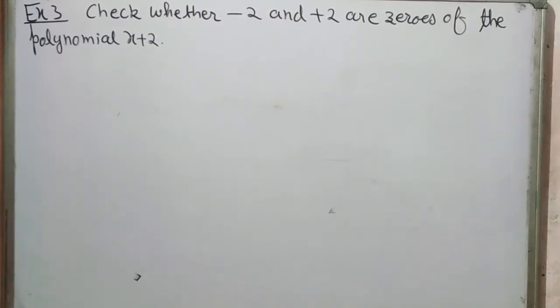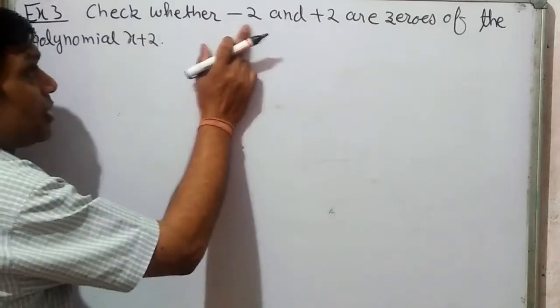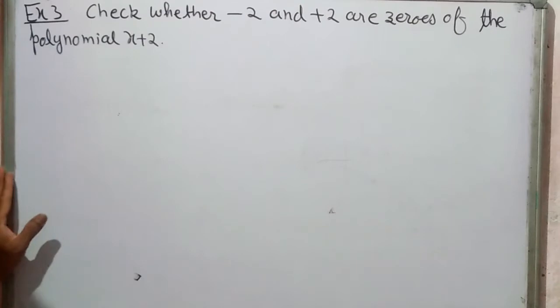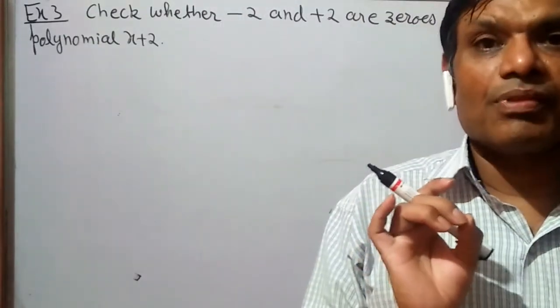Dear students, example number 3 in continuation is: check whether minus 2 and plus 2 are zeros of the polynomial x plus 2. Now let us recap the concept of the zeros of a polynomial. A zero of a polynomial is the value of the variable at which the value of the polynomial becomes 0.